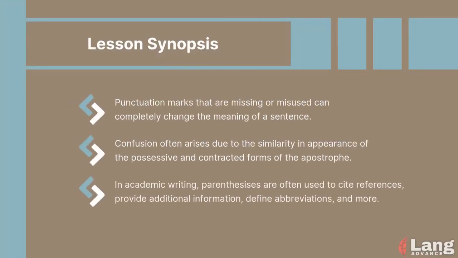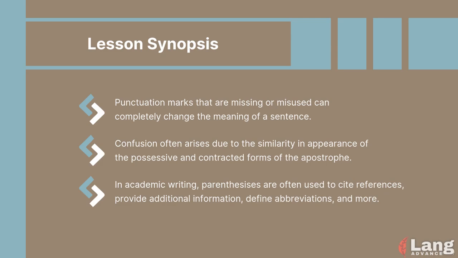Punctuation marks that are missing or misused can completely change the meaning of a sentence. Confusion often arises due to the similarity in appearance of the possessive and contracted forms of the apostrophe.